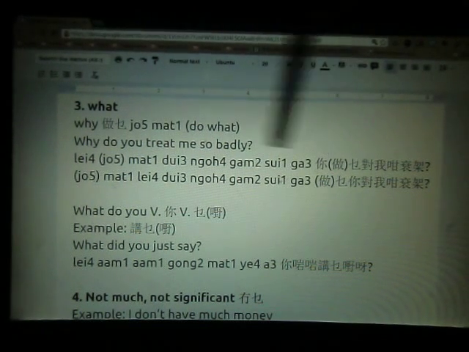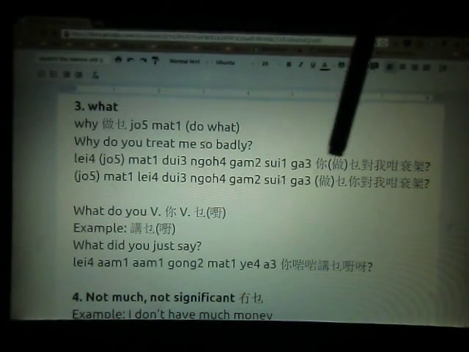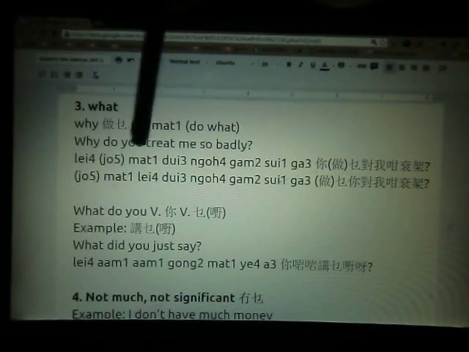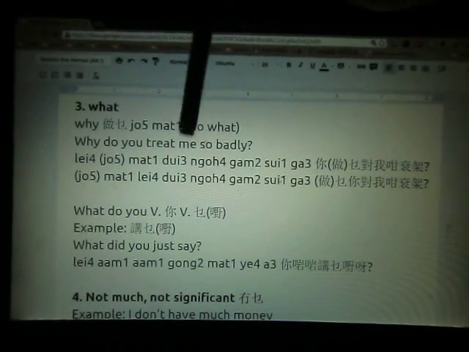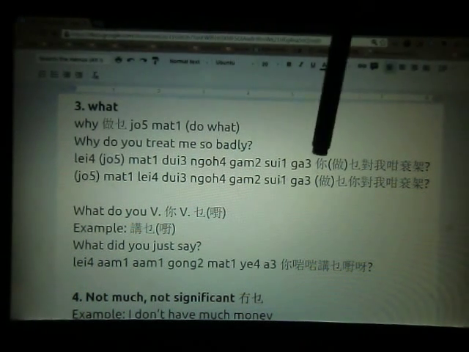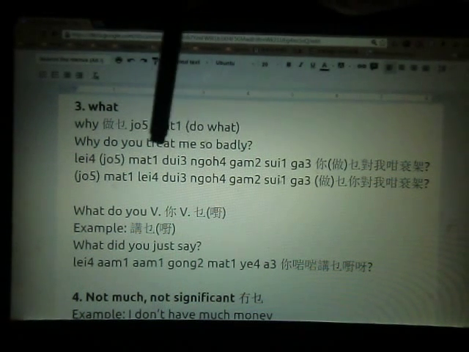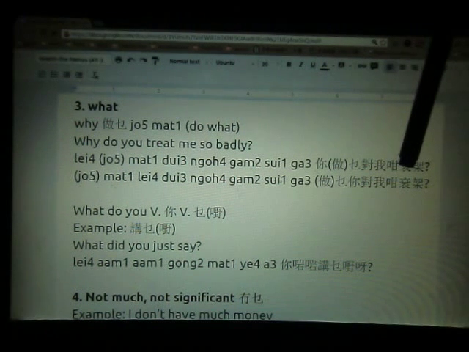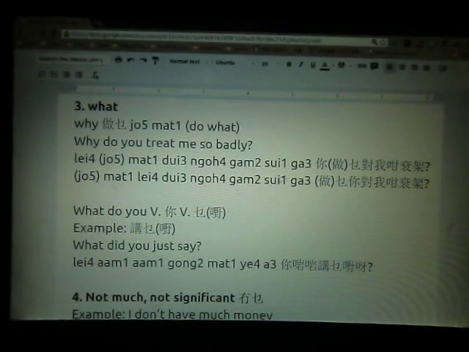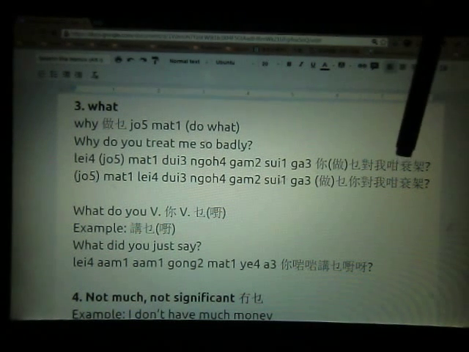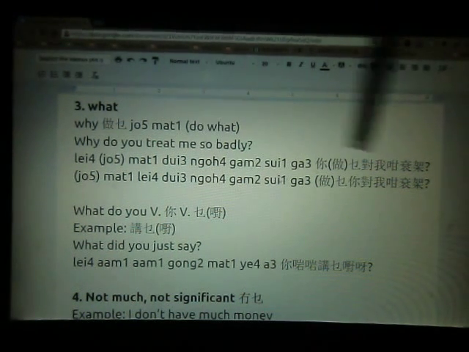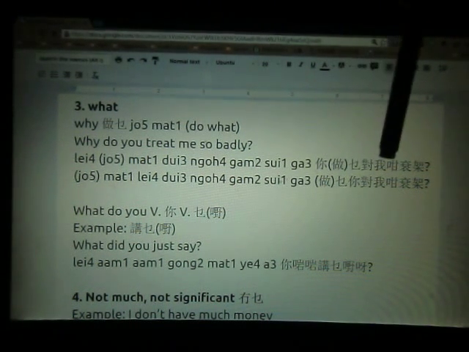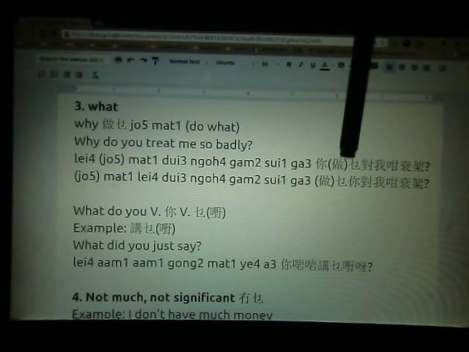We say subject first. 你做乜對我咁衰啊? So 你 is you, 做 is do, 乜 what, you do what, 對我 treat me, 咁衰㗎. 咁 actually means like this, but it can also mean so, so badly. 你做乜對我咁衰㗎? 做乜 actually means why.